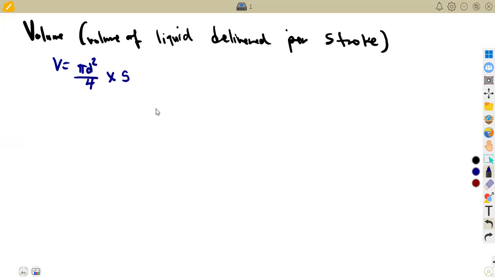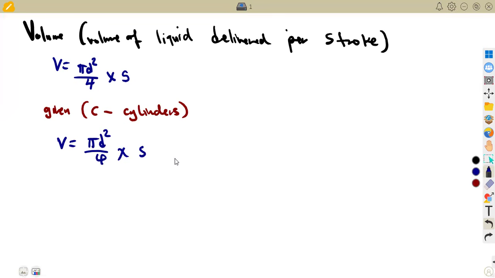Sometimes you might be given a certain number of cylinders. Let us just say given C cylinders, the number of cylinders, I'm just going to put them as C. So given C cylinders, our volume in this case is going to be the cross-sectional area times the stroke length times the number of cylinders, which is C. So C is representing the number of cylinders in this case.